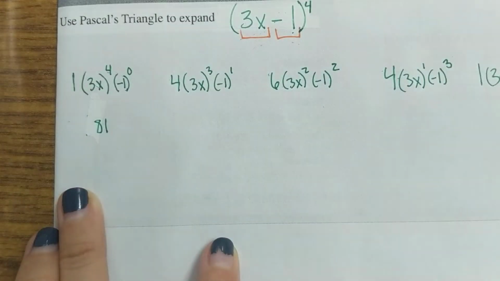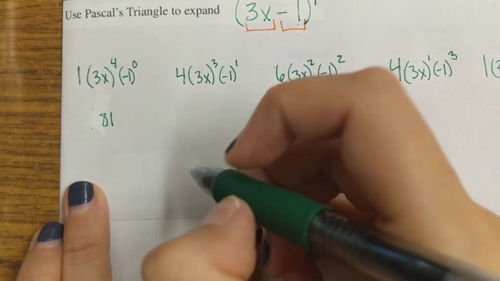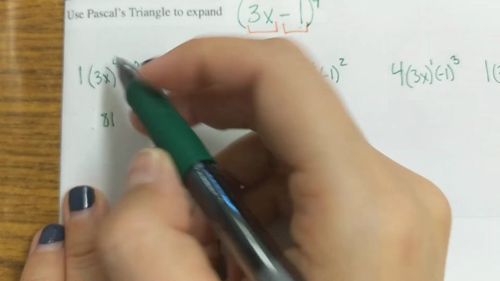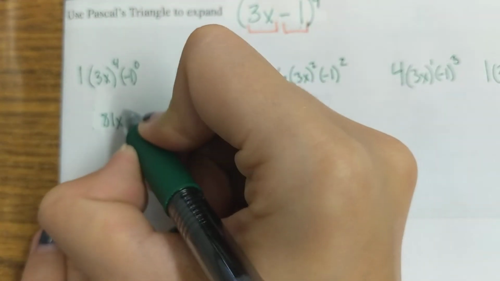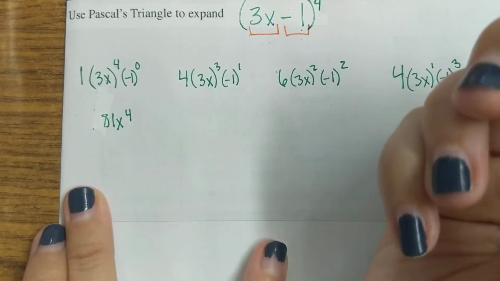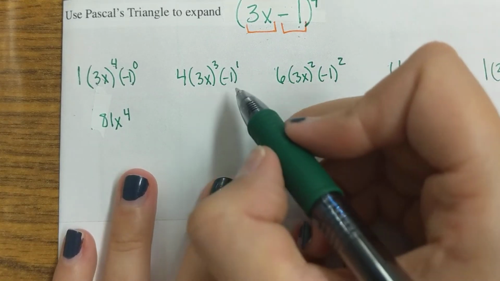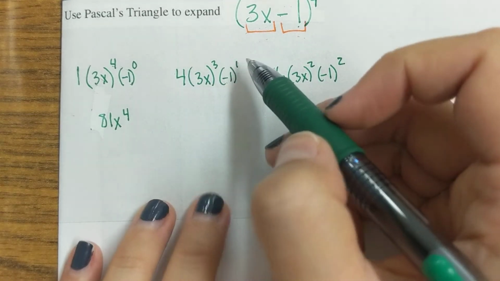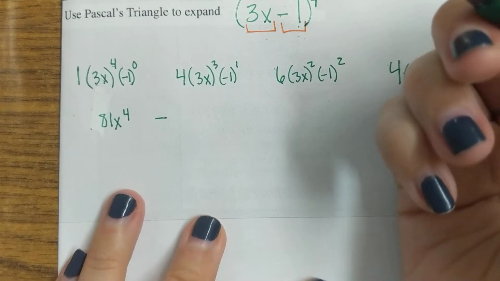So 1 times 81 times 1, right? (-1) to the 0 is 1. So my very first term is 81 times x to the 4th. Sorry, I was trying to times all the numbers first, and then we have x to the 4th as well. All right. This (-1) to the power of 1 makes this sign negative.